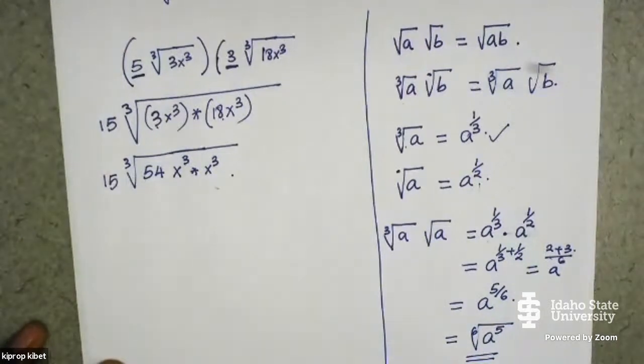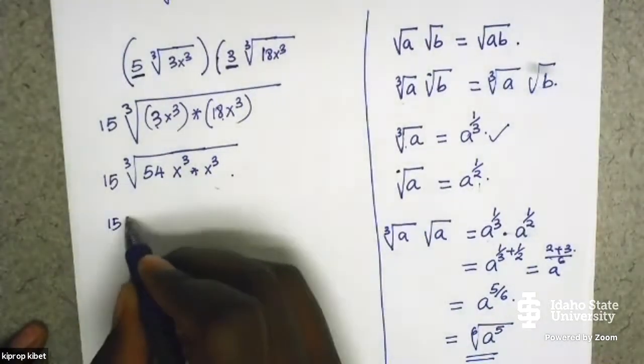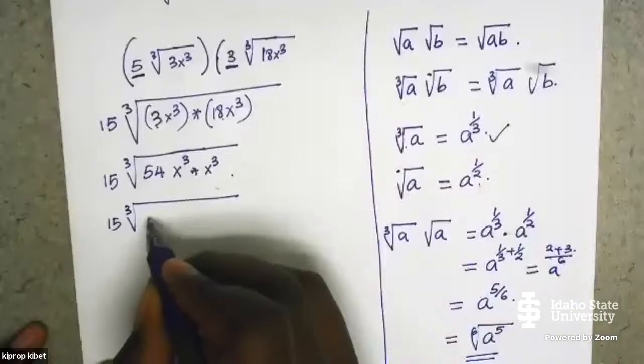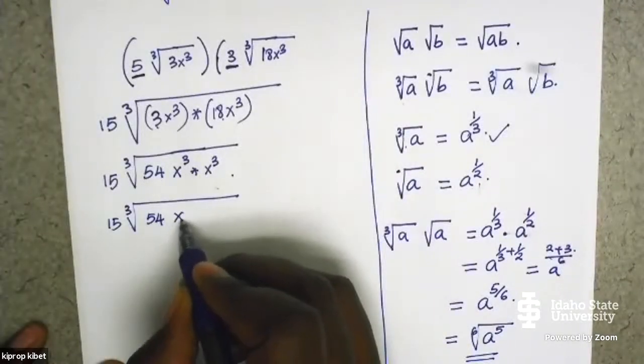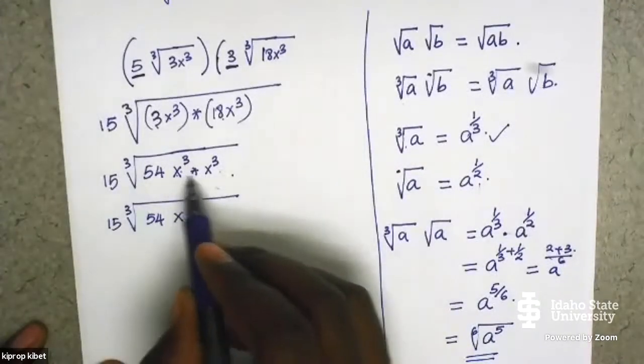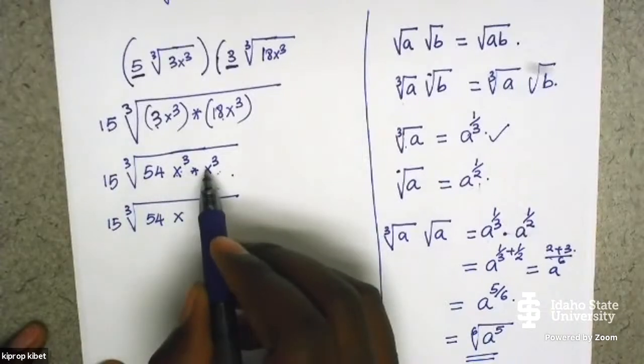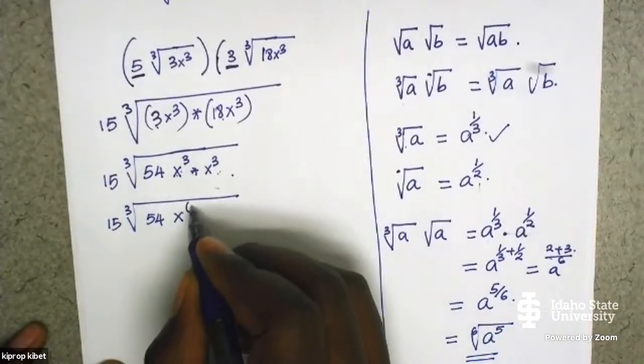So 15, the cube root of 54, x raised to what? The bases are the same, we add the power. x raised to 6.